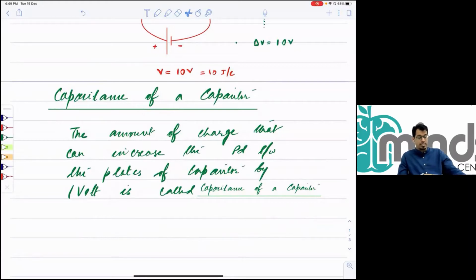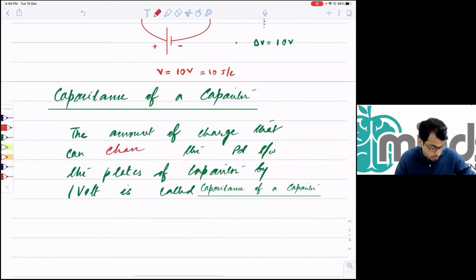In fact, instead of increase, let's make it a little better. Instead of increase, use the word change. The amount of charge that can change the potential difference between the plates of a capacitor by 1 volt is called capacitance. Why did I replace increase by change? Let's say the capacitance of a capacitor is 2. It means that when it receives charge of 2 coulomb, its voltage will increase by 1 volt.